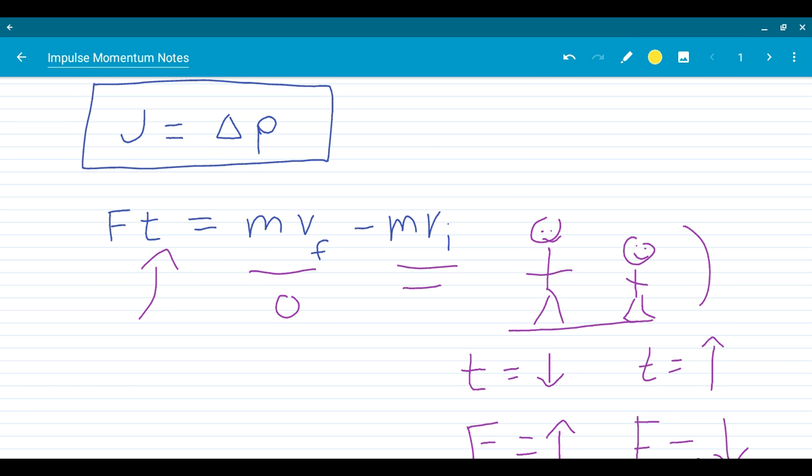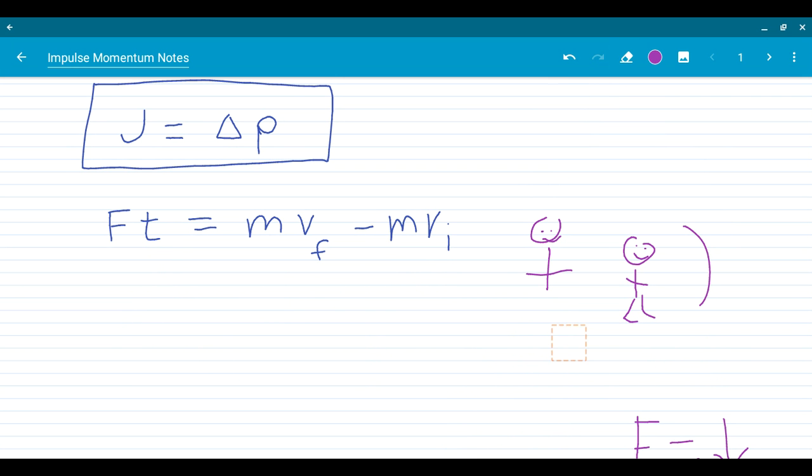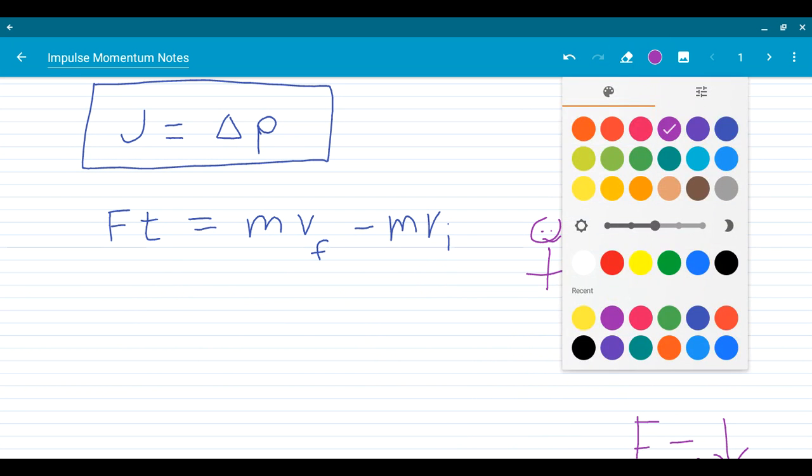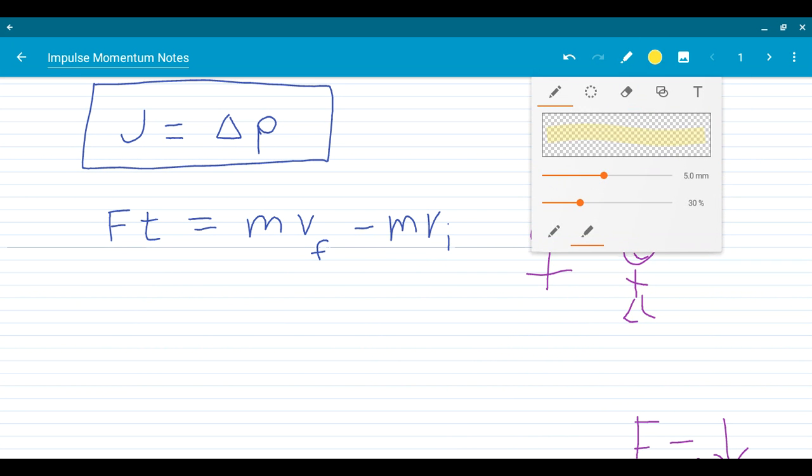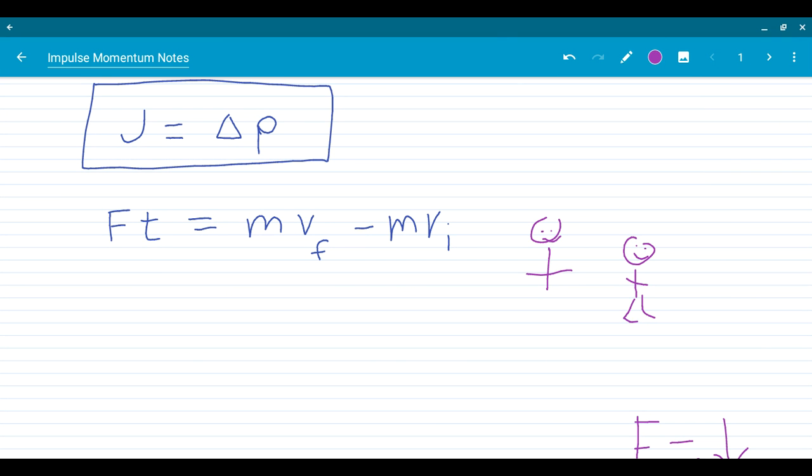Let me get rid of a few things here before we go on. Okay, so what does this all mean? And I'm going to give you an example, a poorly drawn example of two people jumping and hitting the ground at the same level.